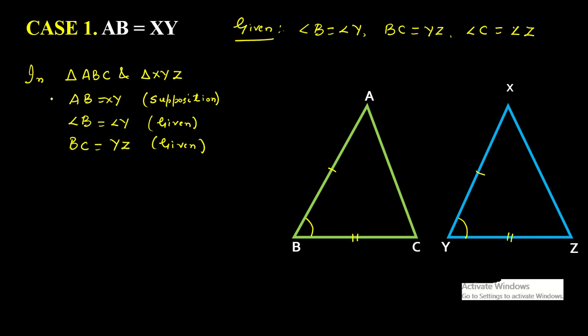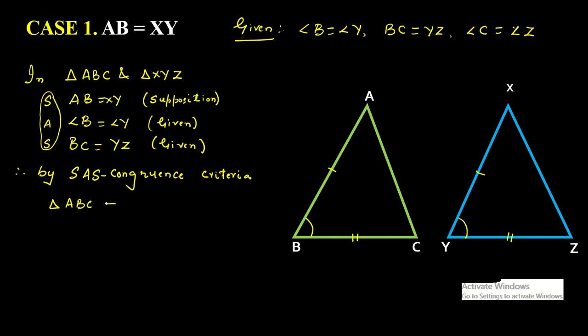Therefore, we got that two sides and the included angle of one triangle are equal to two sides and the included angle of another triangle. Therefore, by the side angle side congruence criterion, we can say that triangle ABC is congruent to triangle XYZ.